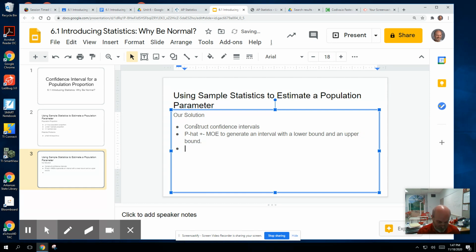So in a confidence interval, what we actually do is present an interval that is likely to contain the true population parameter.